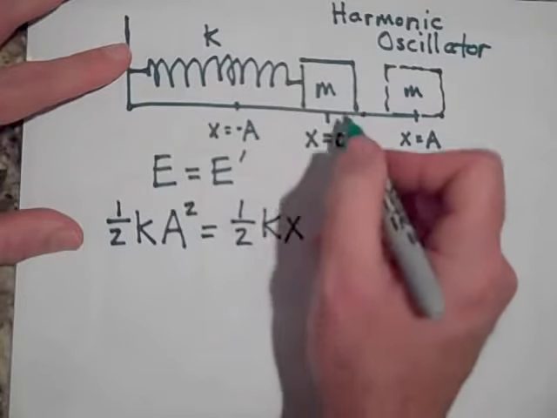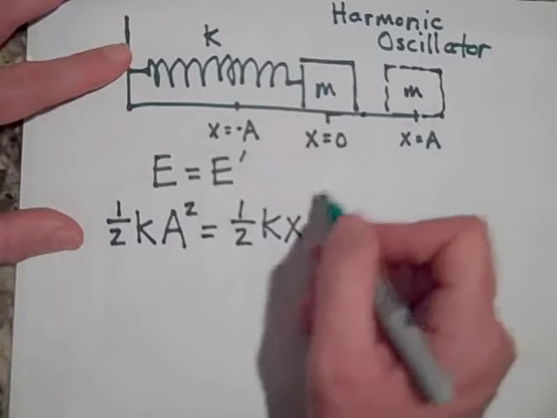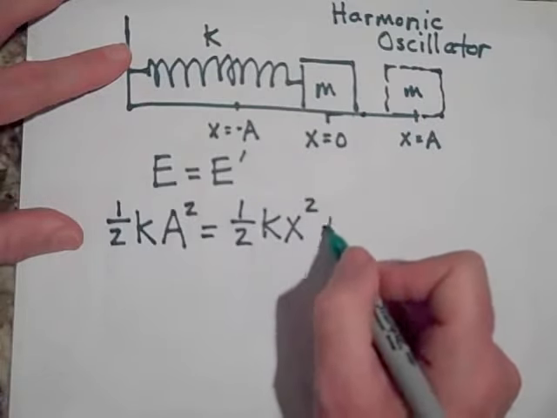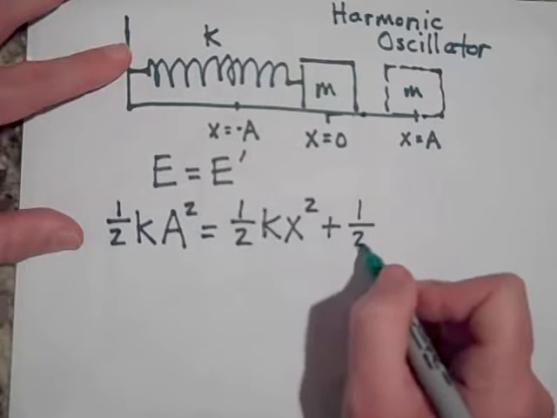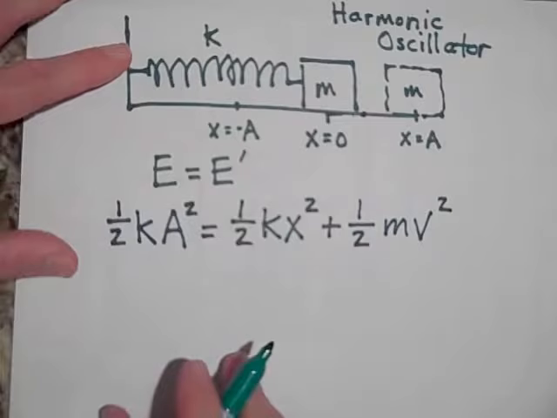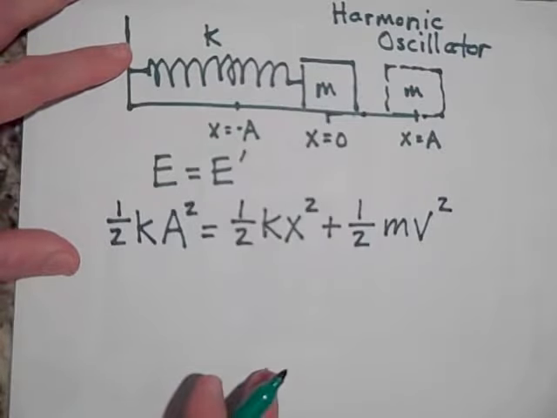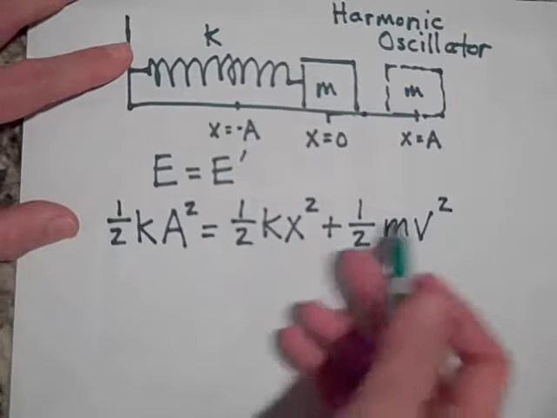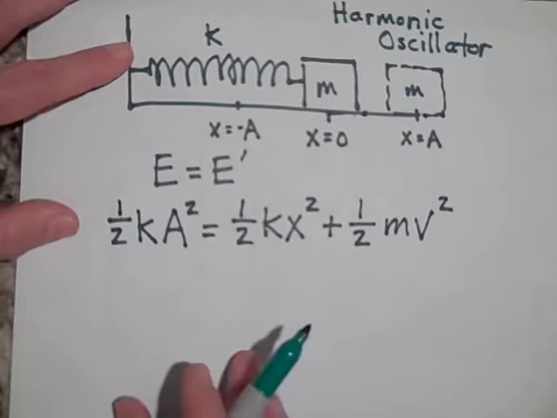This time that's x, because it's not all the way out at A. But it's also going to have some kinetic energy. Okay, so that's the sentence that describes the energy conservation of a harmonic oscillator.